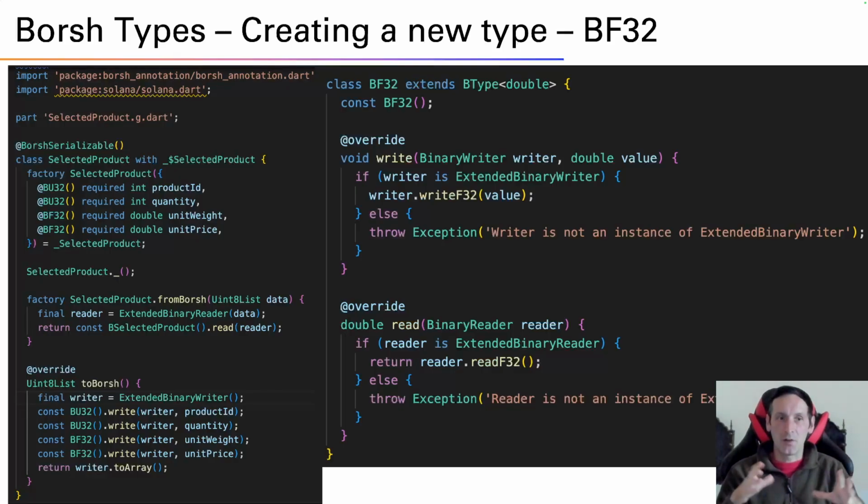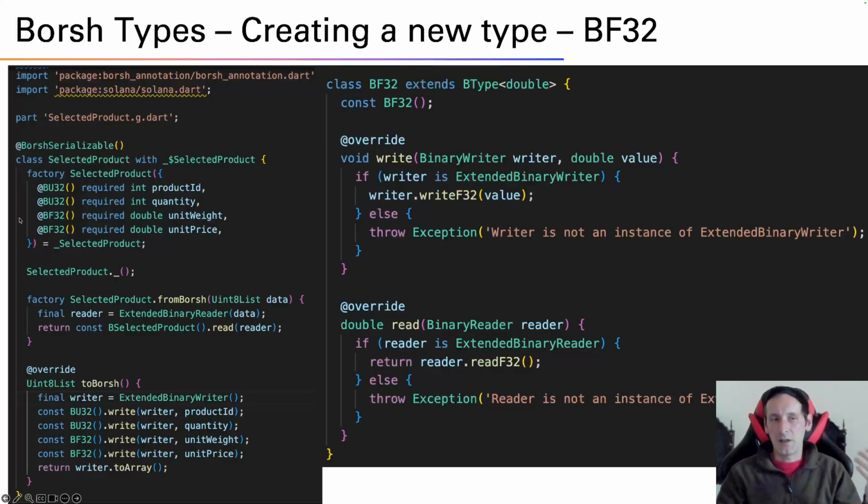In the application, I have a list of selected products, and the selected product is this type here, which contains a product ID, a quantity, a weight, a unit weight of the product, and the unit price. It doesn't matter what you have in here, this is just an example.